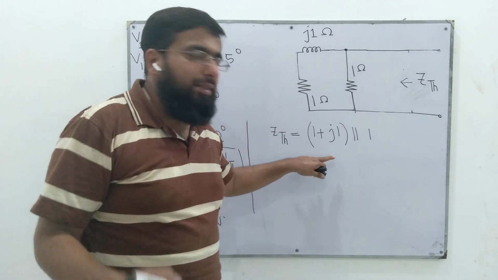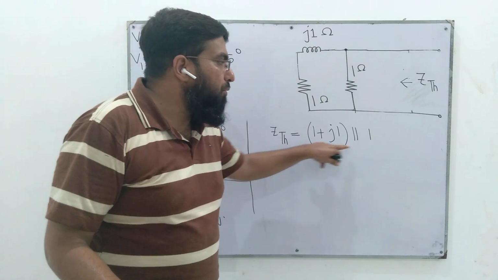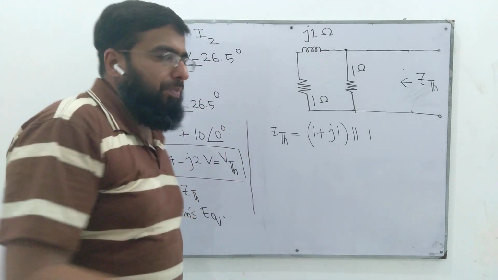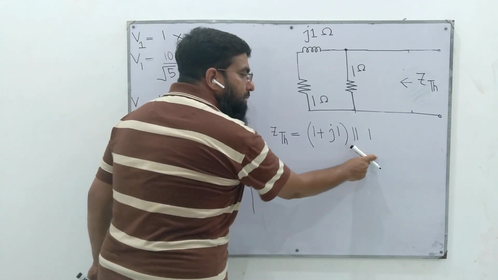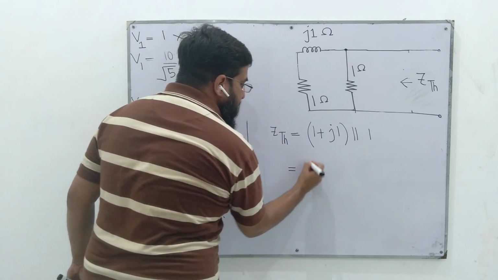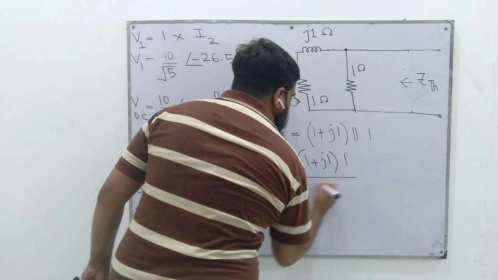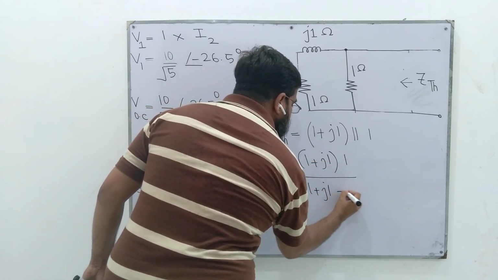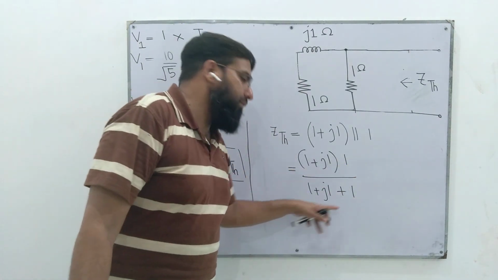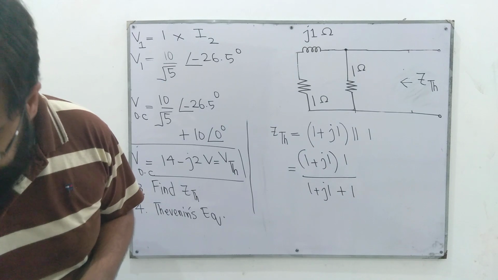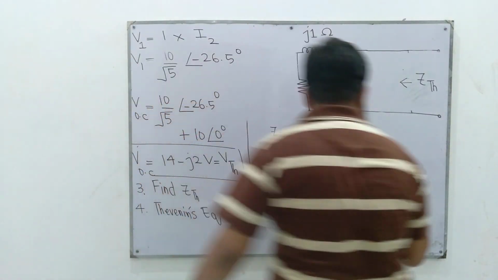In a DC scenario, we write it as R1 times R2 over R1 plus R2. But here we have impedances Z1, Z2. So we write Z1 times Z2 over Z1 plus Z2. 1 plus J1 times 1 over 1 plus J1 plus 1 gives us 1 plus J1 over 2 plus J1.